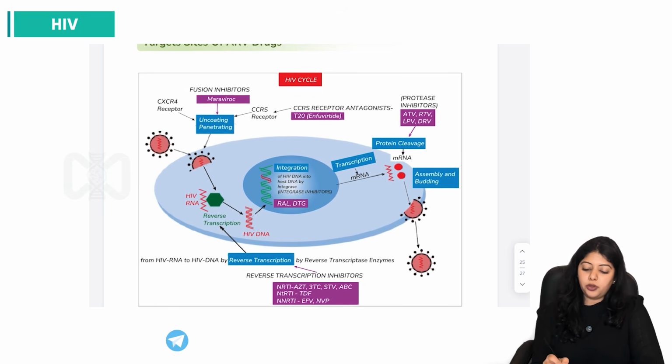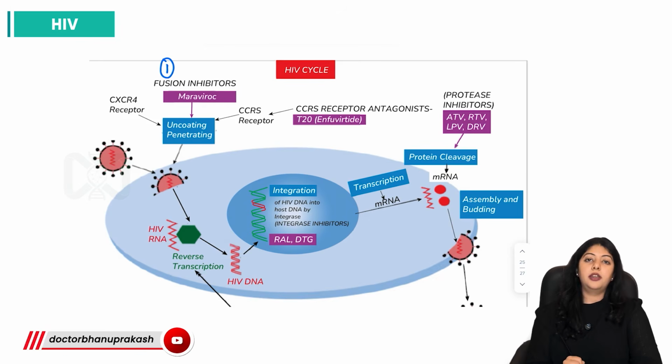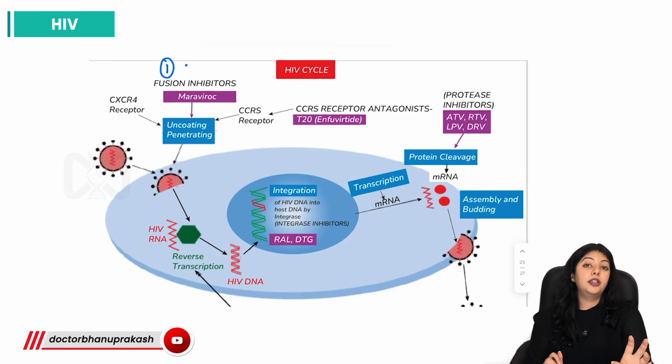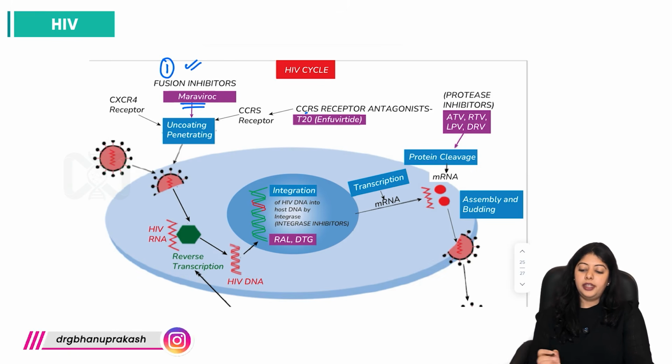So firstly, the first category is the fusion inhibitors. Fusion inhibitors are not allowing the fusion of the HIV viral surface antigens with the host cells, right? So this is enfuvirtide. Then we have CCR5 antagonists.